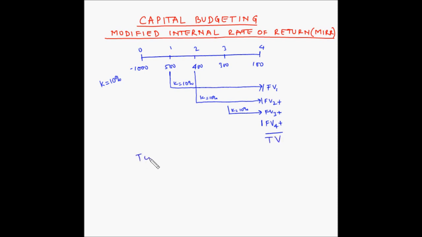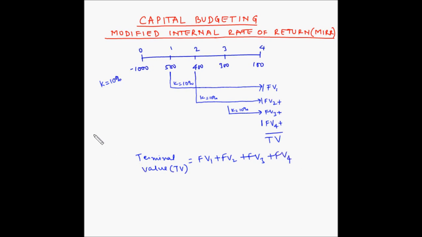So the terminal value, or TV in short, is equal to FV1 plus FV2 plus FV3 plus FV4.